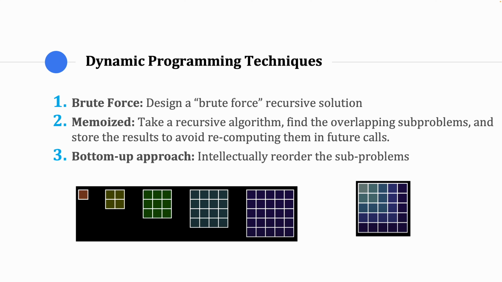So you take that recursive algorithm and you add a twist. You identify the overlapping subproblems, which are those that recur during the computation. Then you store the results of these subproblems, preventing redundant calculation in future calls. It's like keeping a notebook of solutions, and it can dramatically improve efficiency.